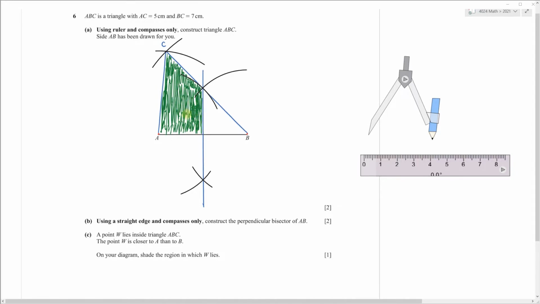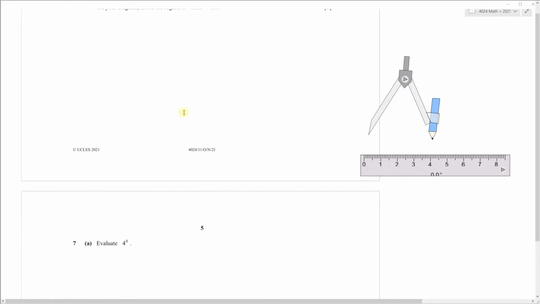So this is your region in which W lies. So without the arcs, this gives you a more clearer picture of this region. So let's move on to the next question.